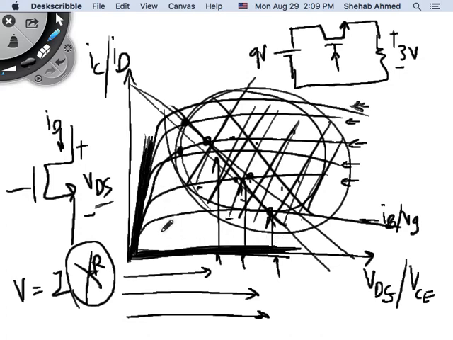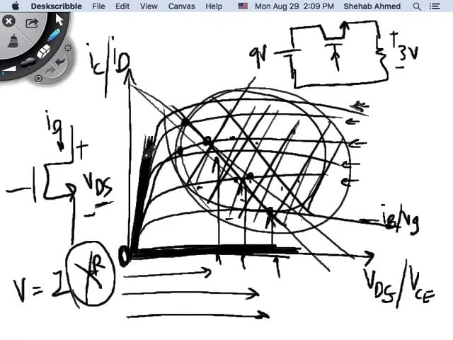So what is typical of operating on this line or on this line? On this line, I have zero current. The current is zero for any positive voltage that I'm blocking. So if VDS is positive, I am blocking the current from going through the device. I'm cutting it off. This is cutoff mode.